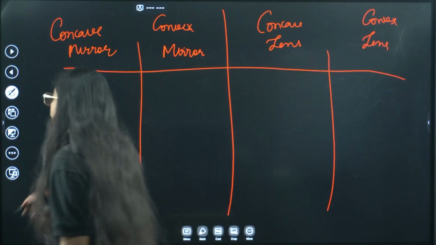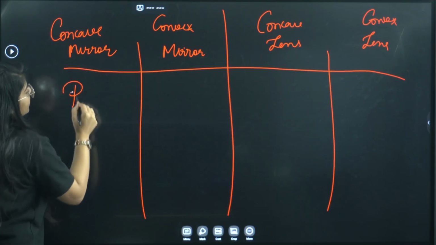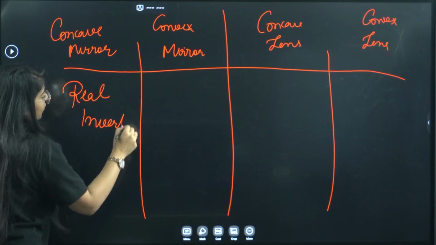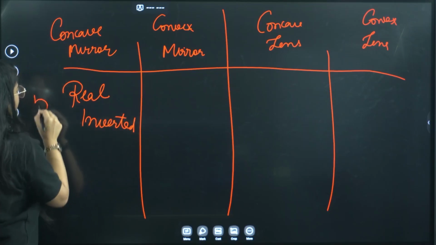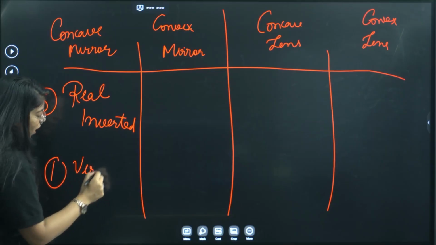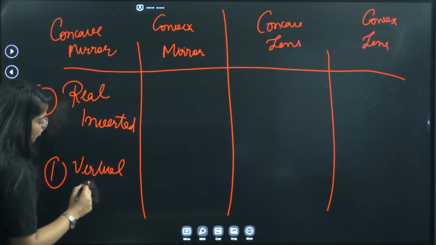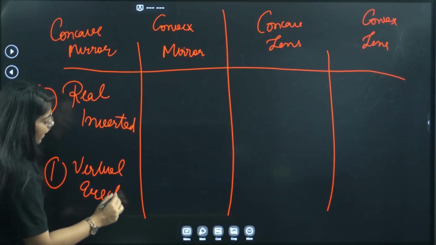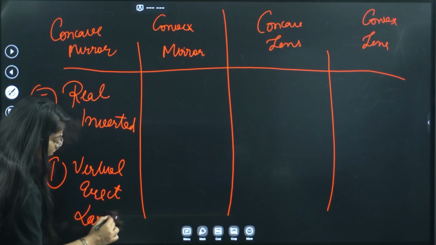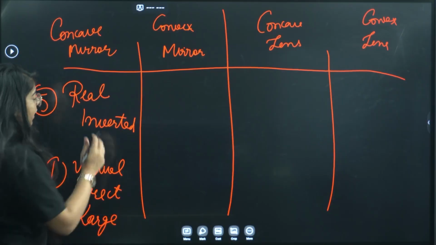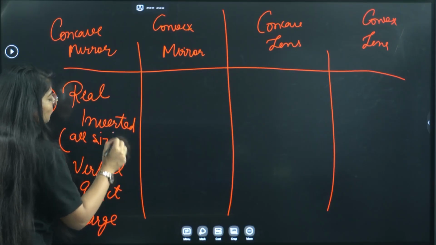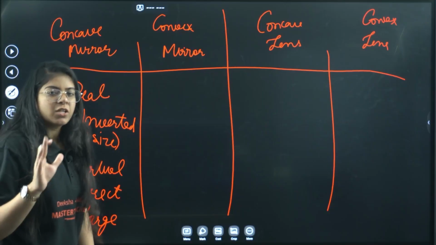For concave mirror, it will be real inverted for 5 cases. For one case the image will be virtual, erect and large. Here it will be of all sizes: same size, point size, enlarged, diminished, everything.